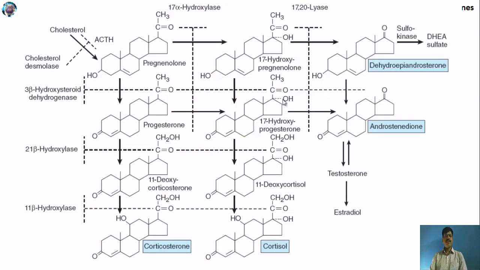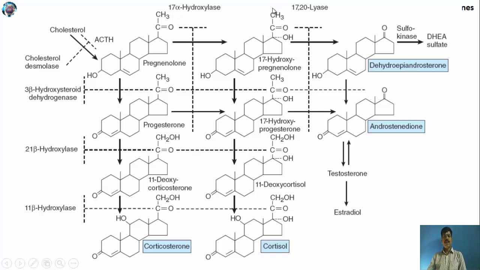And then you can see the slide which clearly indicates from where these hormones are synthesized. The first source for these hormones is cholesterol. The cholesterol is converted into pregnenolone. Pregnenolone has C21 carbons. From this, when you add an extra hydroxyl group, it becomes 17-hydroxypregnenolone.